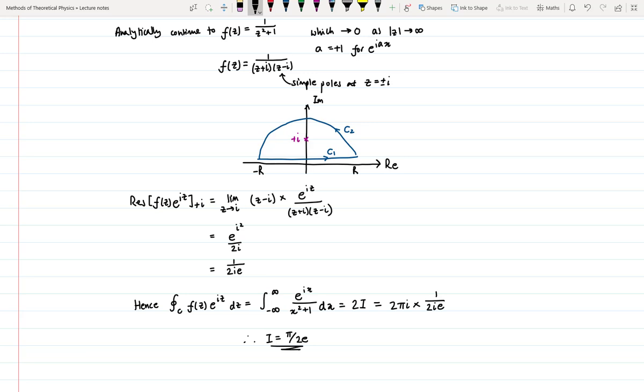Firstly, that our function f of z is analytic in the upper half plane, except for a finite number of poles, and we also assumed that in the large z limit, in the upper half plane, our function vanishes more strongly than 1 over z. With those assumptions, we then saw how a semicircular contour in the upper half plane, together with the residue theorem, allowed us to calculate infinite integrals.